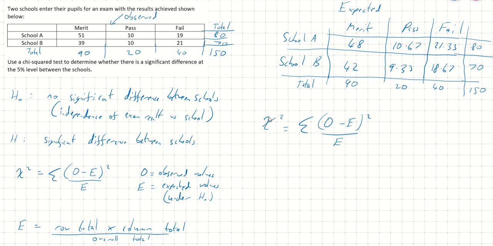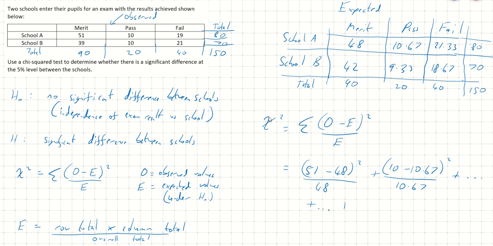So for the first, merit school A, the observed was 51, the expected is 48. So you have to do 51 minus 48 squared divided by the expected, which is 48. Then we have to do the same for the other cells in the table. So school A pass, it's 10 observed minus 10.67 squared, that's expected, over 10.67, and so on.